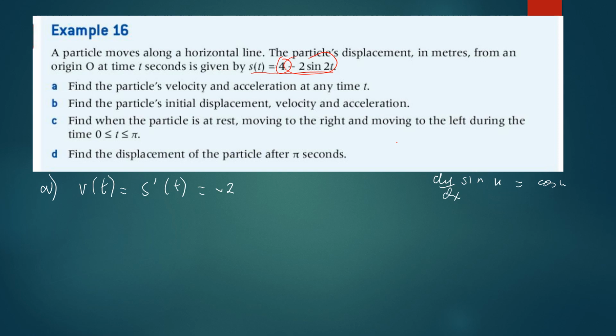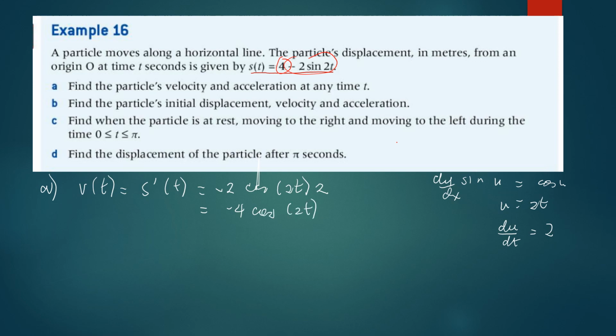So minus 2 cosine 2t, but this is a chain rule. Since our u here is equal to 2t, we get the derivative of u in terms of t, and that is 2 times 2. Simplifying, then our velocity is negative 4 cosine 2t.